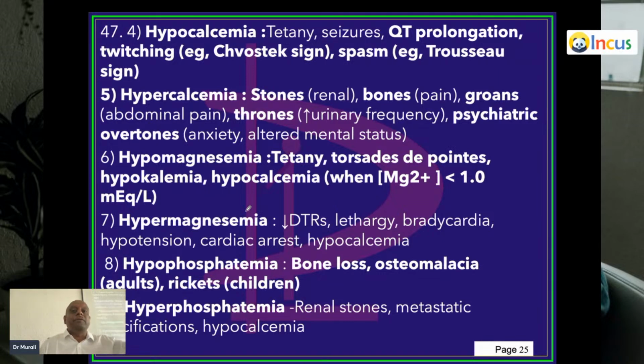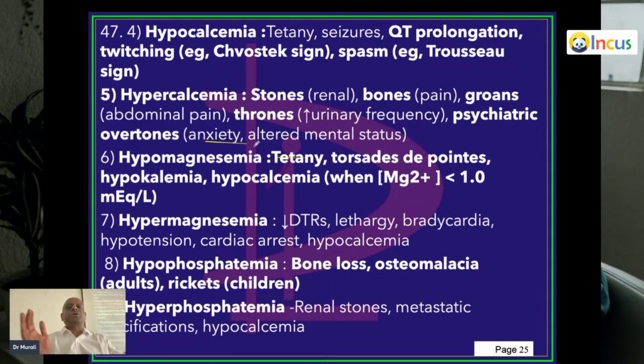Then there will also be Trousseau's sign, like an obstetrician's hand. It will be like this. Then if you happen to twitch the facial nerve, there will be spasm, chopsticks. Then hypercalcemia hai to stones, bones, bone pain, groans, abdominal pain, thrones, increased urinary frequency, psychic overtones, that is anxiety and altered mental status.